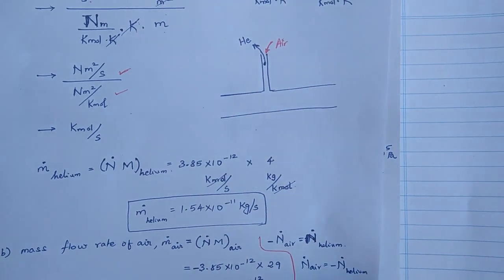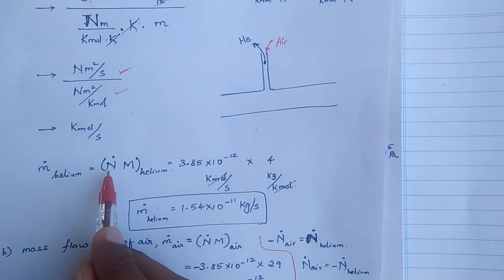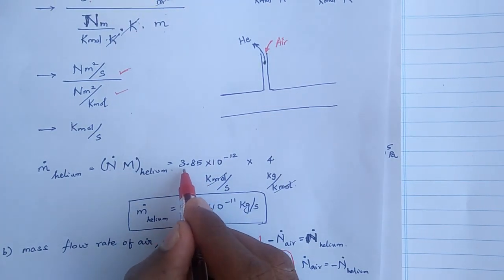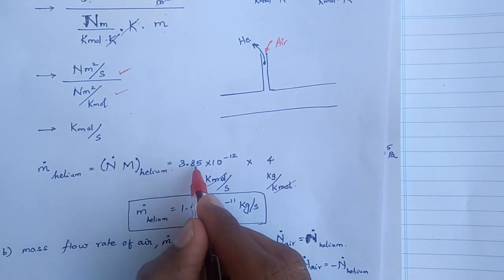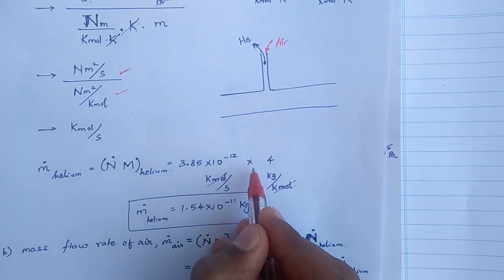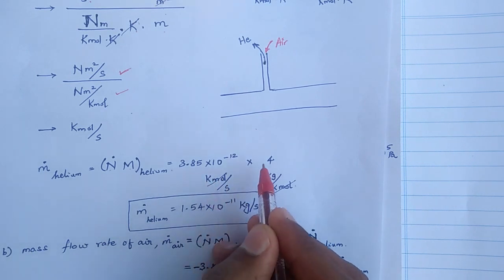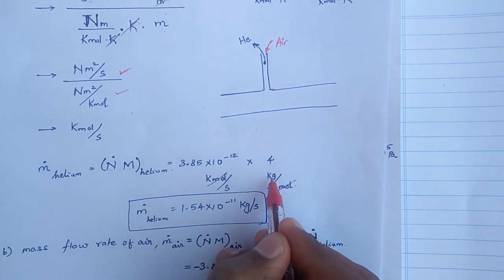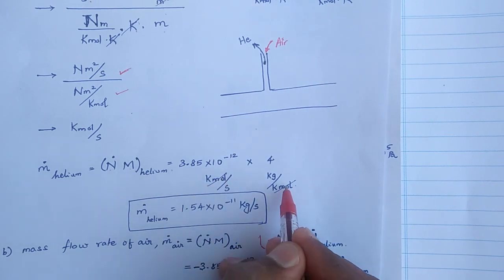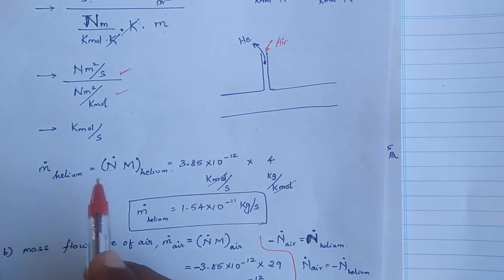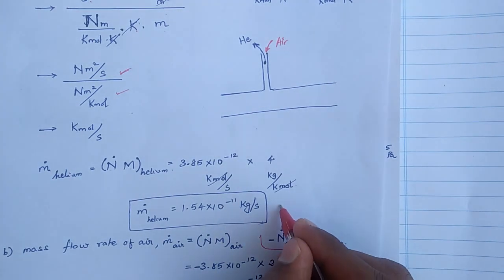So the mass flow rate of helium is given by molar flow rate into molecular weight. The molar flow rate is calculated as 3.85 into 10 power minus 12, and the molecular weight of helium is 4. So molar flow rate is in kilomole per second and molecular weight is in kg per kilomole. So kilomole gets cancelled, and finally you will be having the mass flow rate of helium in kg per second.